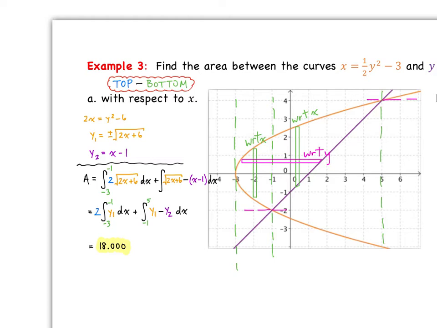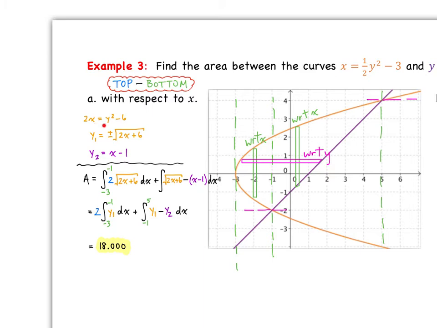Now, when we're finding the integral or the area with respect to x, my equations need to be y equals, or y in terms of x. So what we needed to do was change this equation so that I could solve for y. So the first thing I did was I multiplied everything by 2.